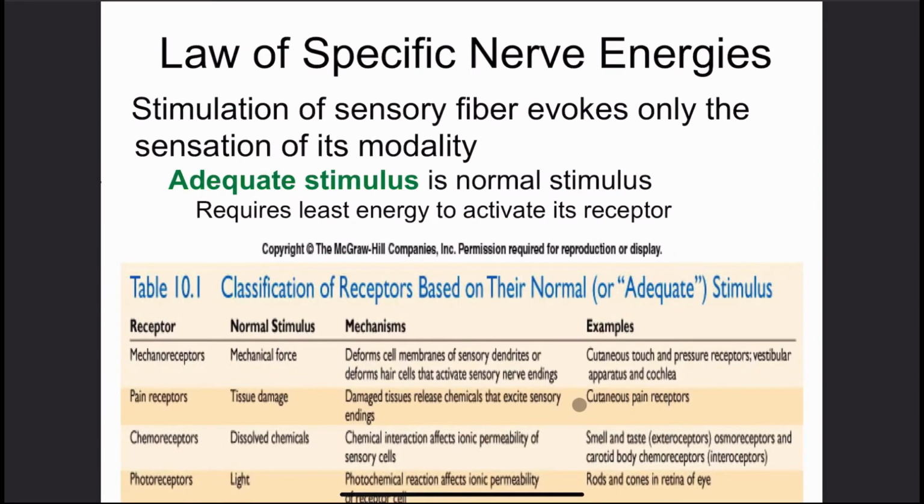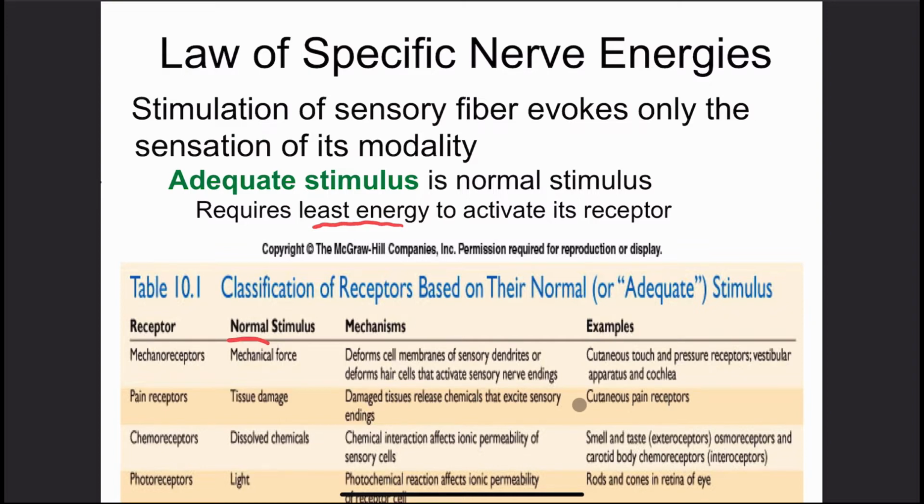The law of specific nerve energies is just talking about how each type of receptor is going to have a normal stimulus that is going to activate it. This is also called the adequate stimulus, and that's because it takes the least amount of energy to activate its receptors. Let me give you an example.